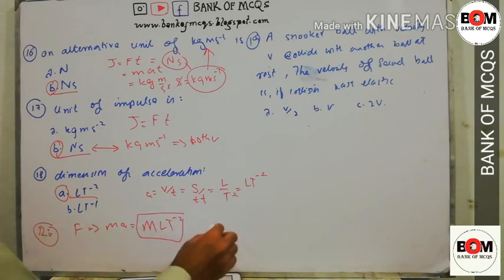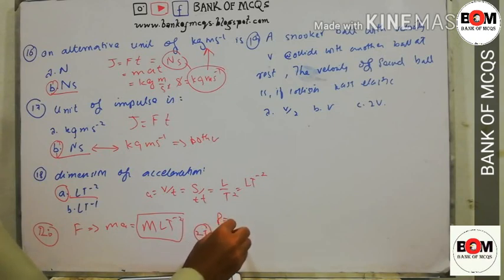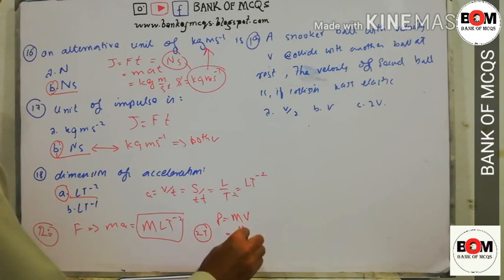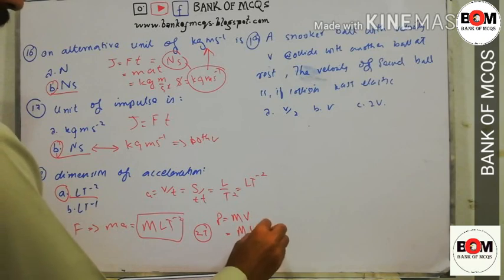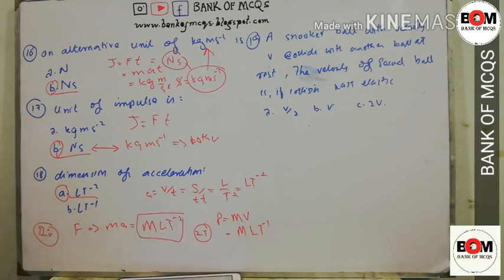Now to find the dimension of momentum, we know that p is equal to m into velocity, mass is M and the velocity is s divided by t, LT minus 1. This is the dimension of momentum.